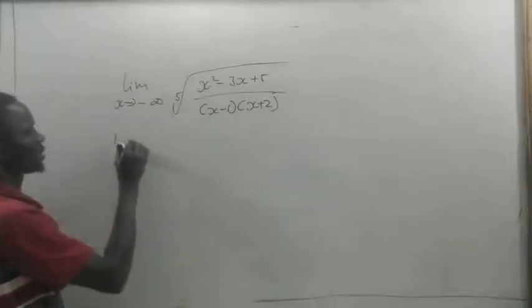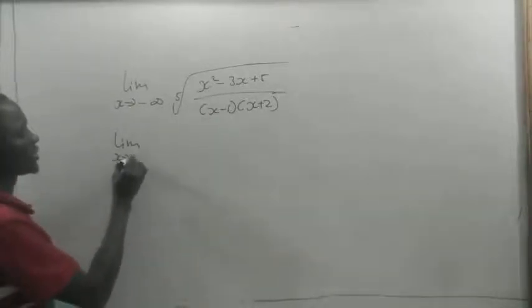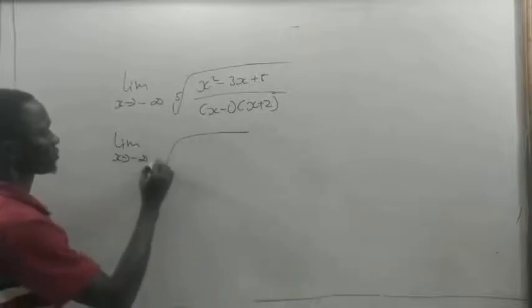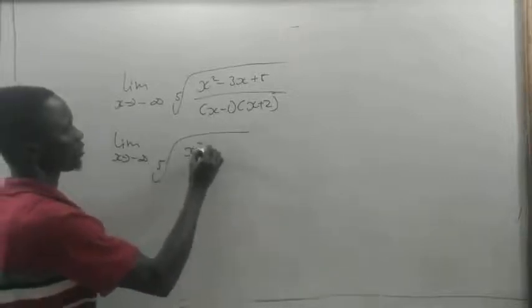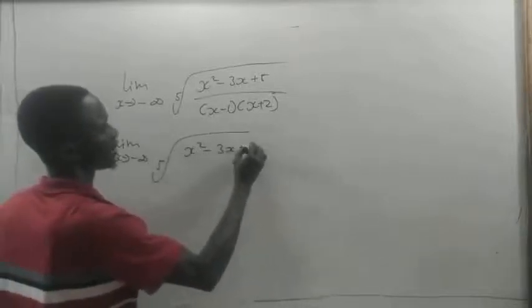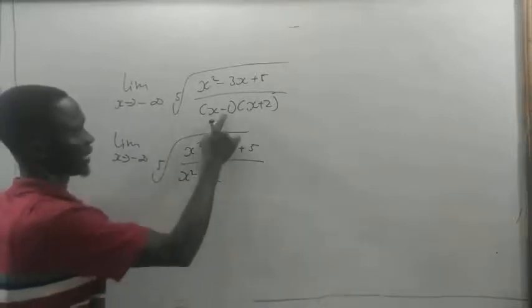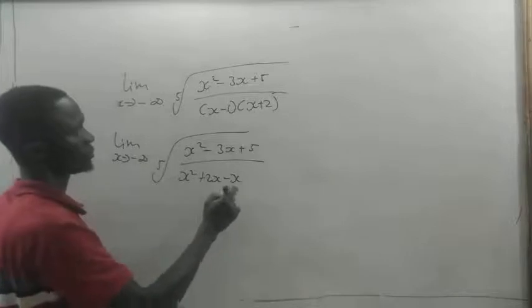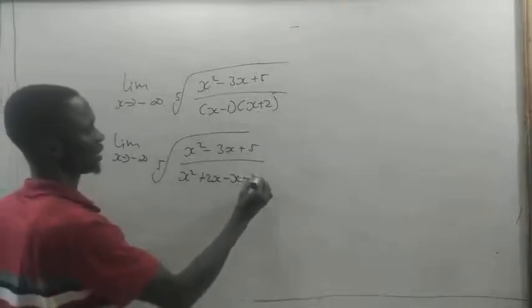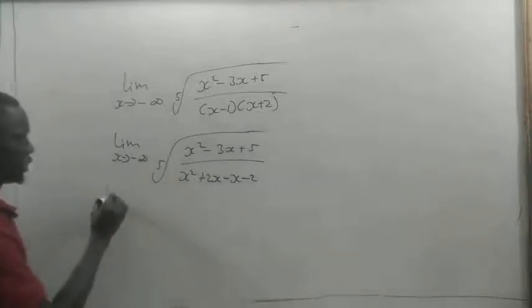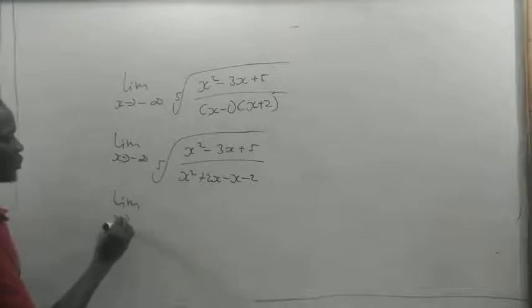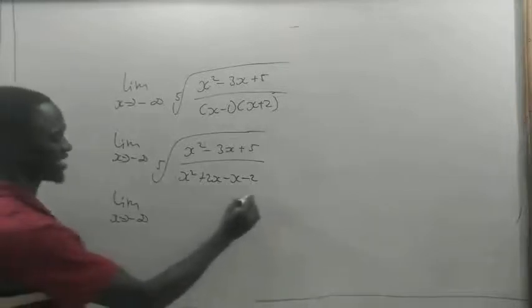So you take the limit as x approaches negative infinity, the 5th root of x squared minus 3x plus 5, all divided by x times x plus 2x, negative 1 times x minus x, negative 1 times 2, negative 2. This will be the limit as x approaches negative infinity, right?